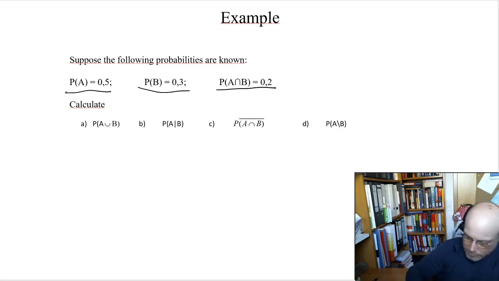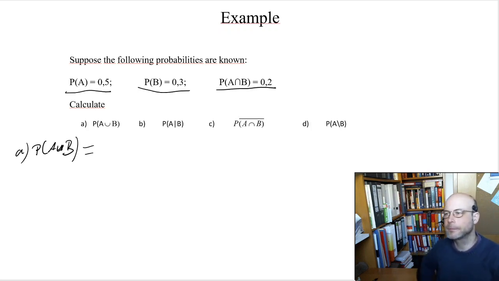So first of all, what is the probability of A together with B?